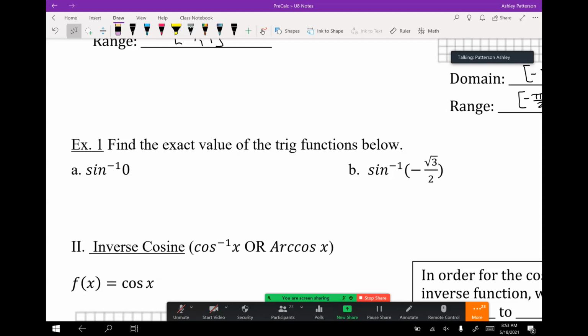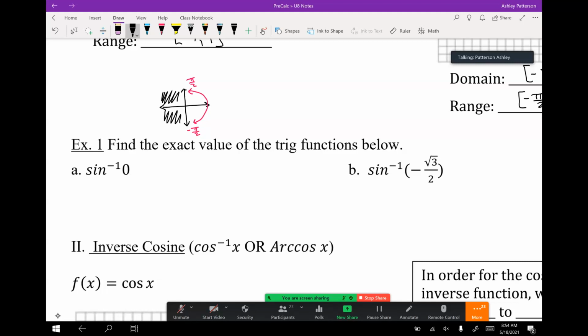That means that we're going to have to adhere to the restrictions on inverse sine. And if we think about our Cartesian coordinate plane, we go from 0 to negative pi over 2. And then we would go from 0 to pi over 2. We do not include the second and the third quadrant.